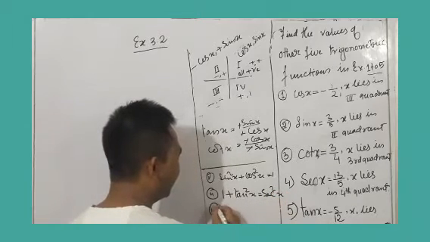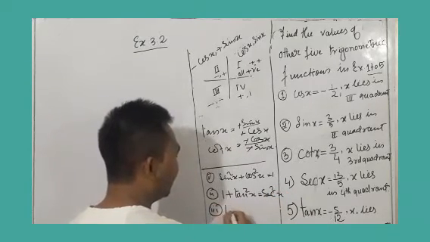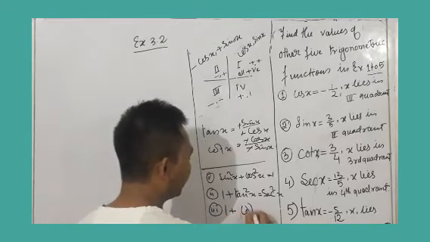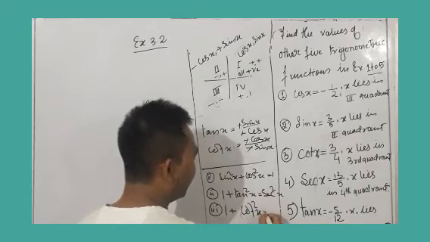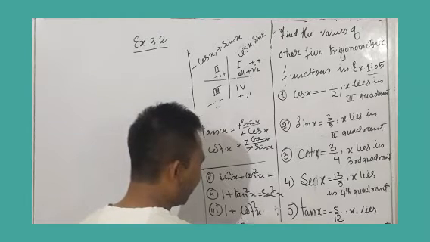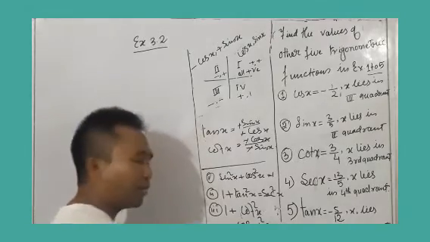Number 3: 1 plus cot square x equals cosec square x. With these identities, we are going to proceed further.